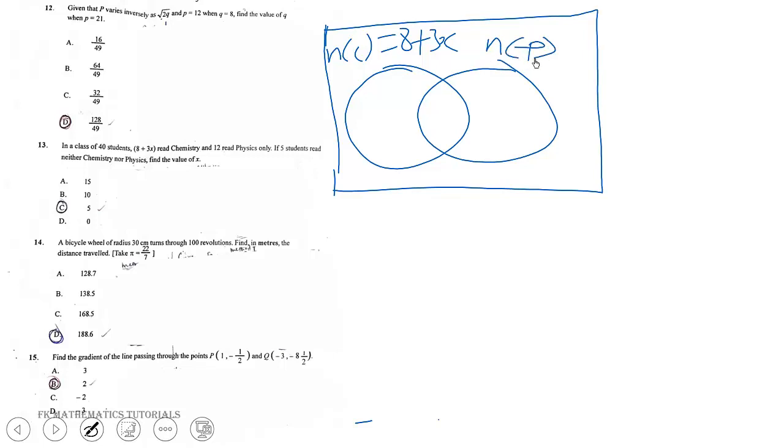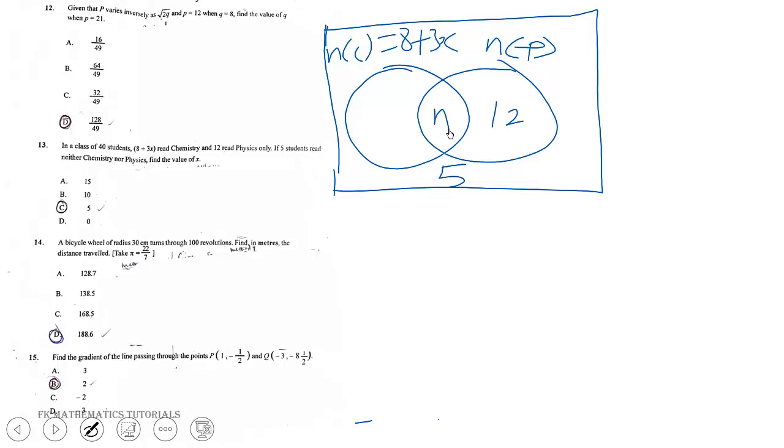So this is physics only, which is 12. Then we are asked to find the value of x if 5 students read neither chemistry nor physics. So 5 students are here. Now we don't know the number of students who read both, so we can let it be n.